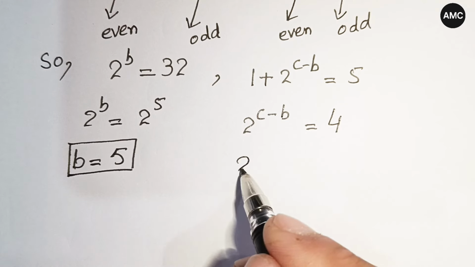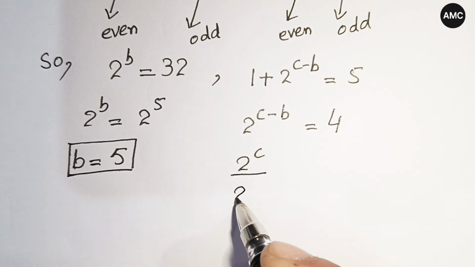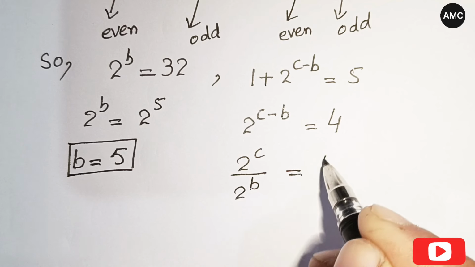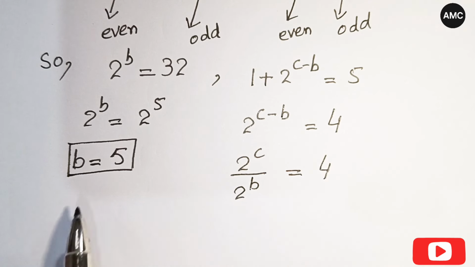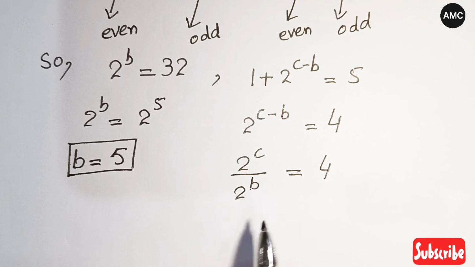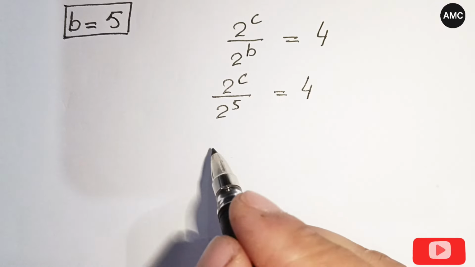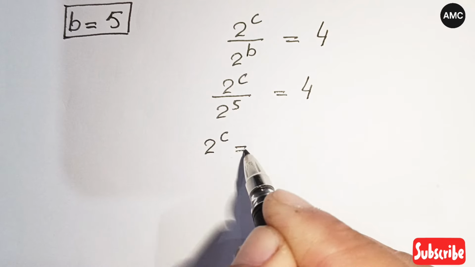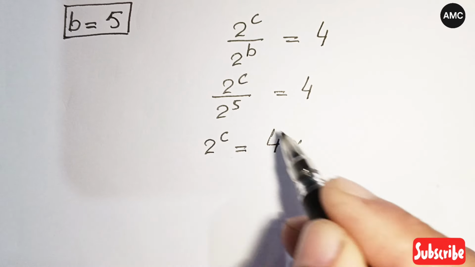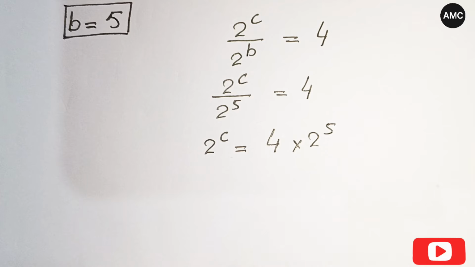Now 2 to the power c over 2 to the power b is equal to 4, but we know that b is equal to 5. Putting here 2 to the power c over 2 to the power 5 is equal to 4. Now 2 to the power c is equal to 4 times 2 to the power 5.